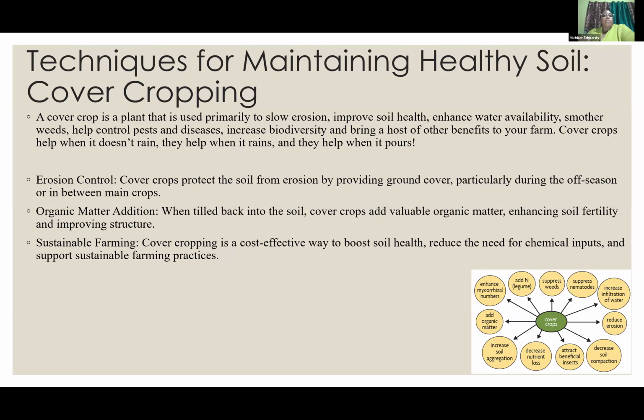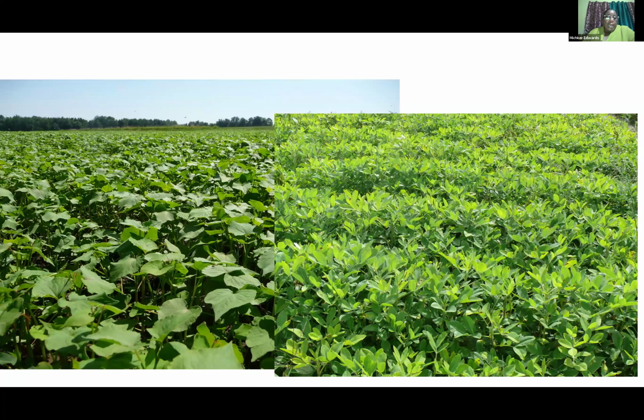So it prevents things like soil erosion. And after harvesting it, this adds back organic matter to the soil, right? So it helps in actually boosting the soil health, reduces the need for chemical inputs, and leads to a sustainable farming practice. So this is an example. So you have here sweet potato and you have peanuts. So beans, sweet potato, peanuts.